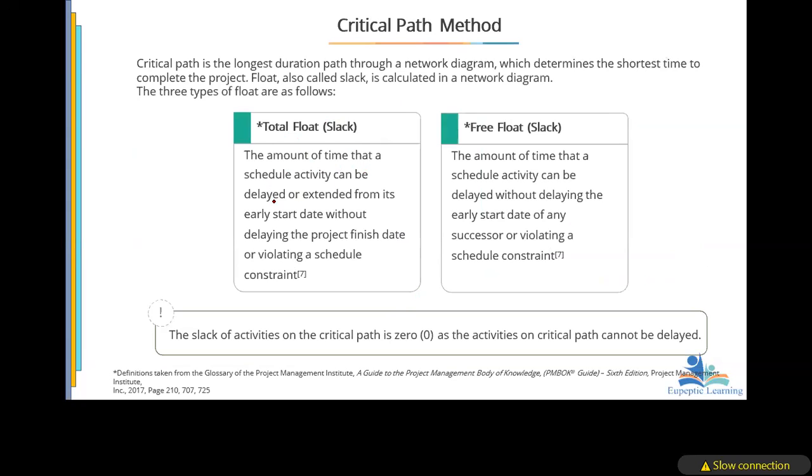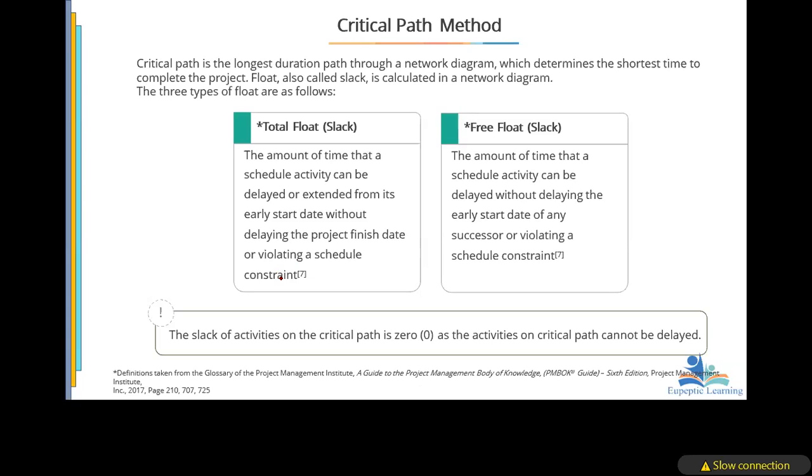Total float is the amount of time a scheduled activity can be delayed or extended from its early start date without delaying the project finish date or violating a schedule constraint. So when we take the project, we have scheduled it to take a certain number of days.